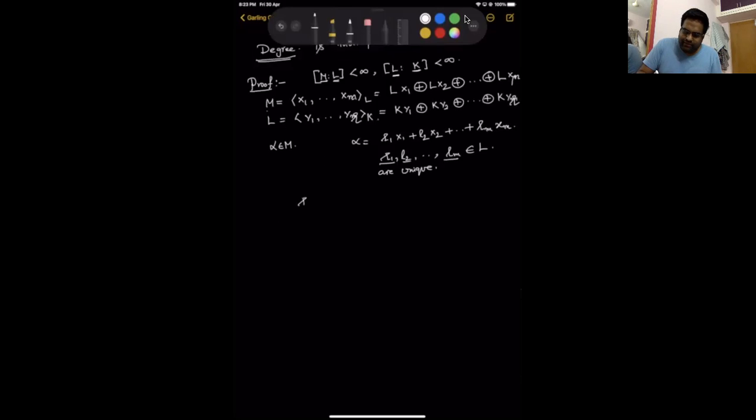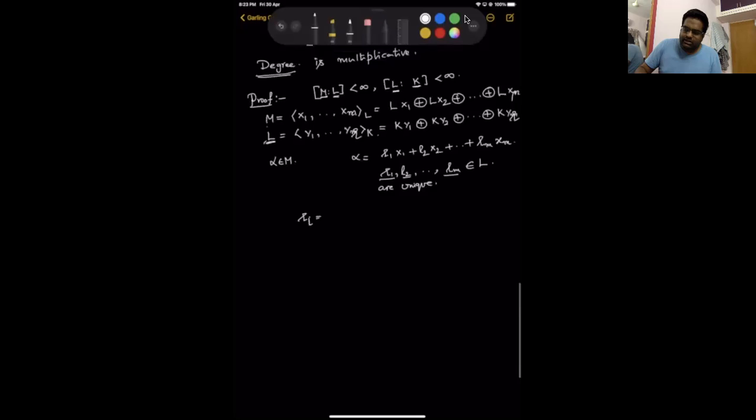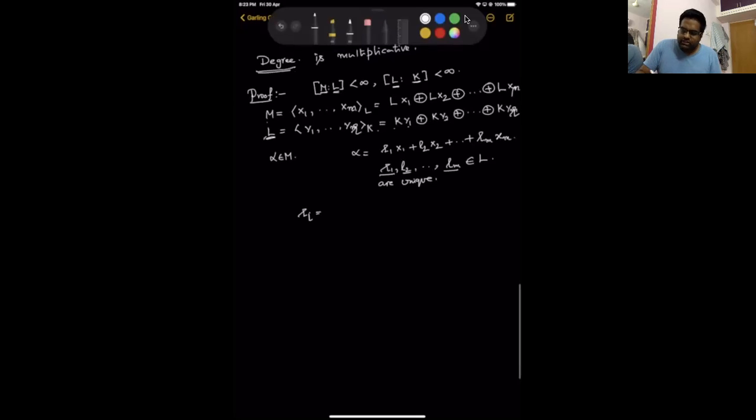Now each Li belongs to capital L, and it is also a linear combination of y1, y2, up to yl with coefficients in K, and these coefficients are uniquely determined. So Li equals Ki1 y1 plus Ki2 y2 plus up to Kil yl.